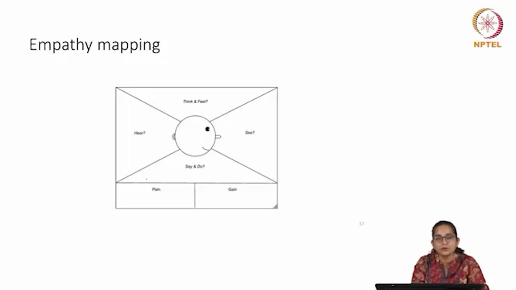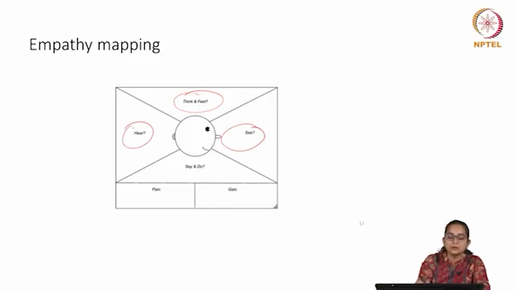It is a very important tool which is utilized in the empathize phase of the design thinking process. In this we try to talk to potential users, and we write what they think and feel about the situation, what they see, what they hear, what they say and do, what are the pains, what are the gains.